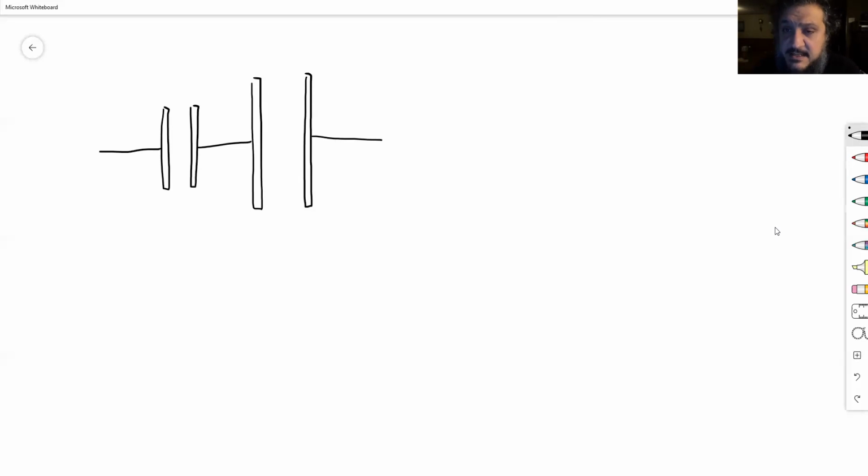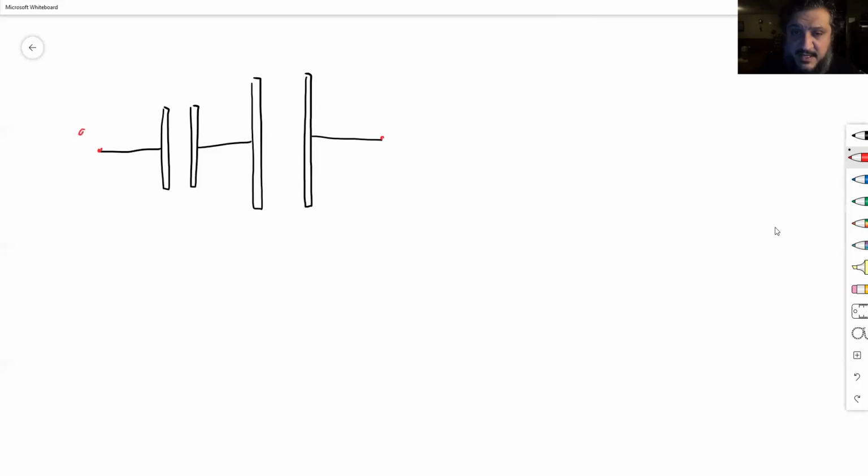And let's say initially I have some charges here. And the reason I have charges is I'm holding the system. Maybe I'm connecting it to a battery. Therefore, I'm going to have some potential difference across these ends.